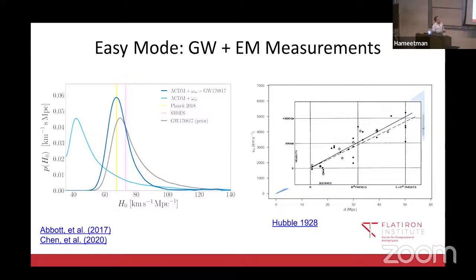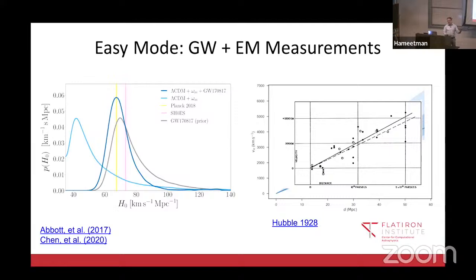That may have been done for one other system. Matthew Graham and collaborators suggested that there might have been a flare in an active galaxy associated with another merger that we saw, GW190521.